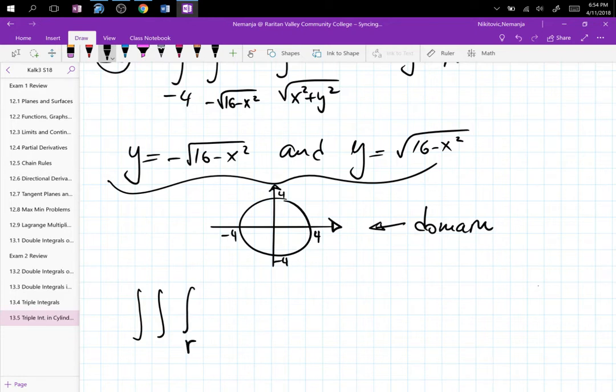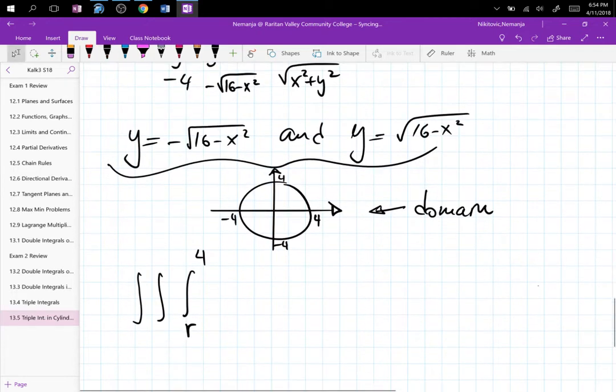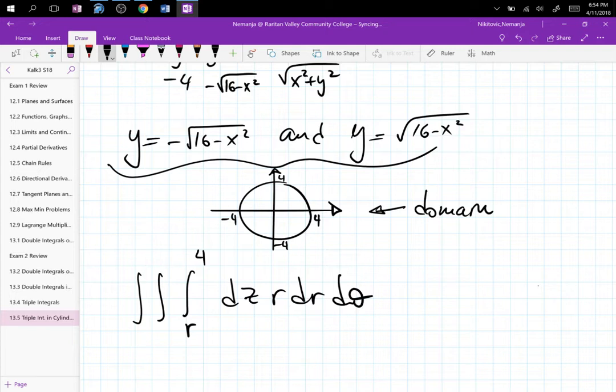We said it goes from r to 4, and we have now the z, r, dr, d theta, and your domain over here is the entire circle. So the middle integral is 0 to 4. That's our radius. And the outer integral is 0 to 2 pi, because it's the whole thing.